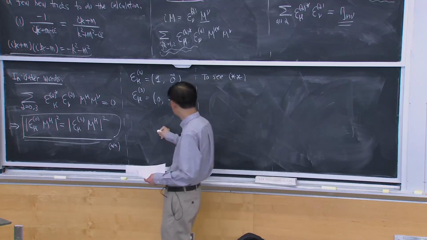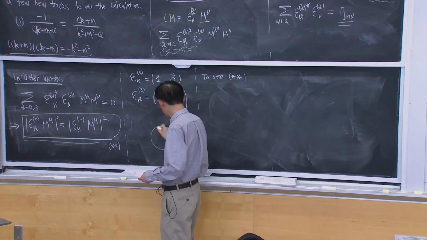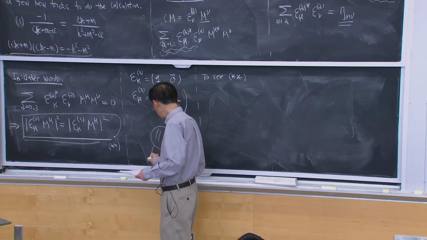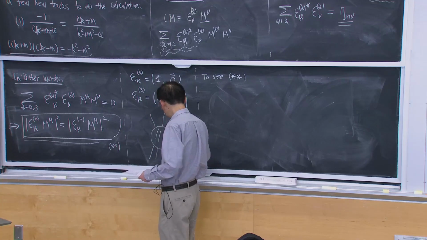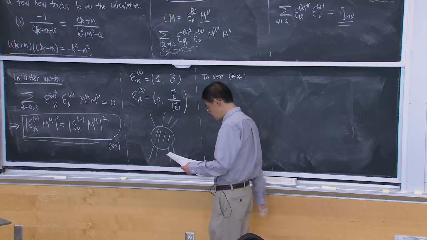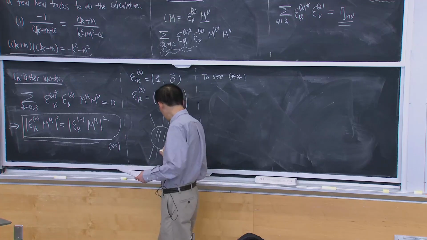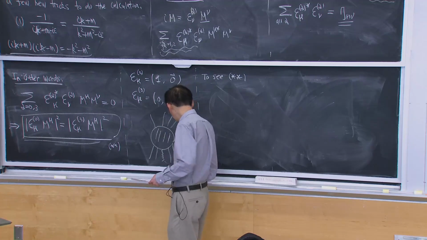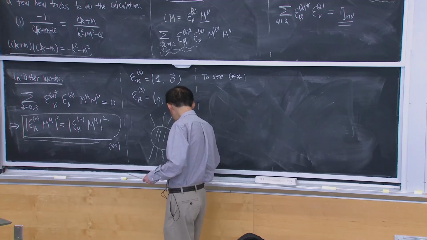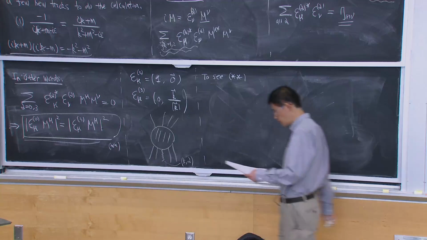So you have a bunch of initial states and some final states. But imagine one of the initial states is a photon, the one we are interested in here, with polarization k alpha.